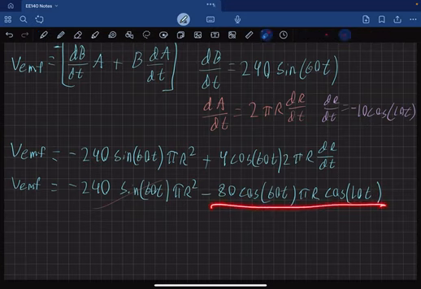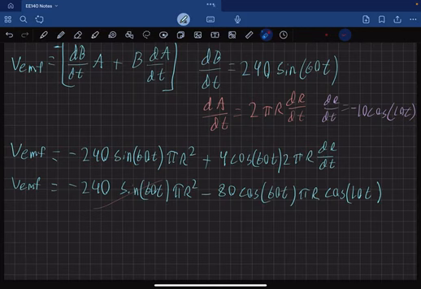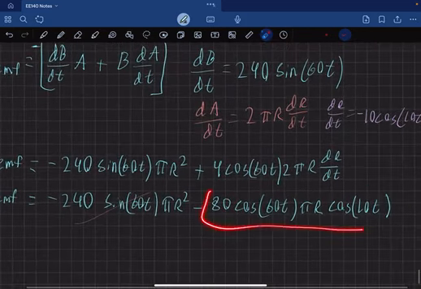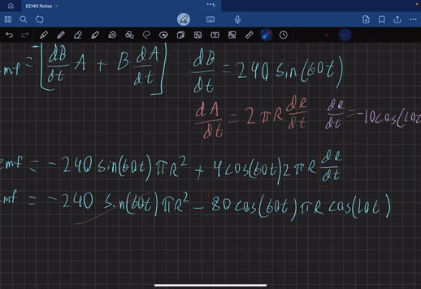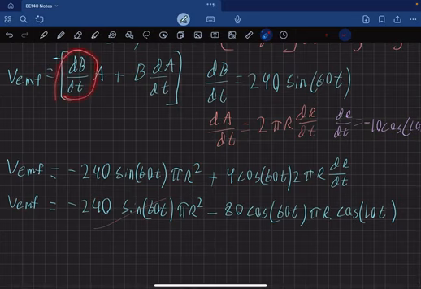Cosine of 0 is 1, so we're just left with this term. So now we know that this term is dominating. But how do we know which term this is? We want to look at the derivatives. In this term we had dr/dt, so we know this term is correlated to dr/dt. And in this term we had dB/dt, so if this term dominated, we would know it'd be related to our magnetic field.